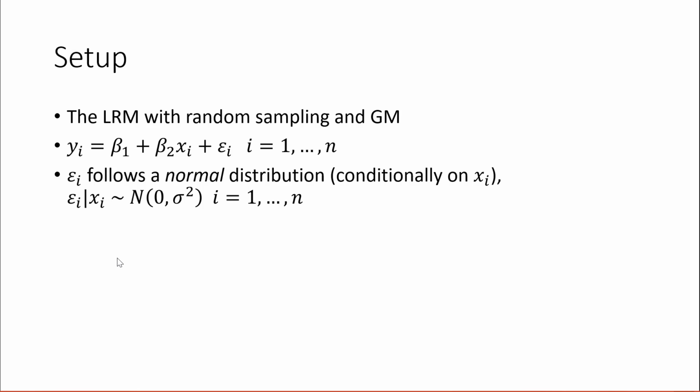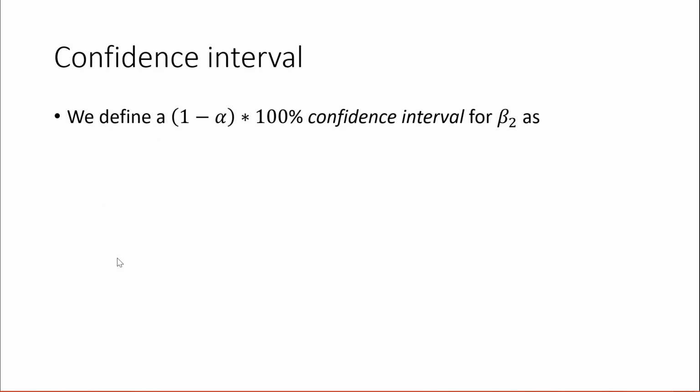More formally, for any level of significance alpha, we define the 1 minus alpha times 100% confidence interval for beta as follows. Note that the common value for alpha, 5% or 0.05, will give us 1 minus alpha to be 0.95, multiply that by 100, so it would say 95% confidence interval.